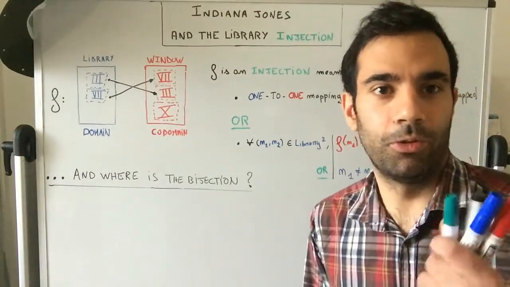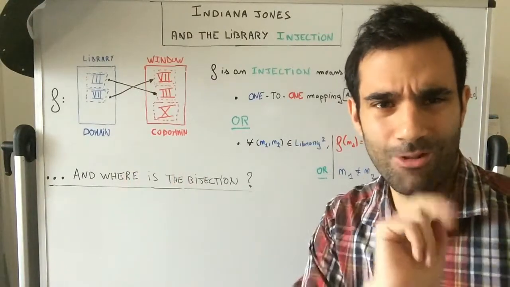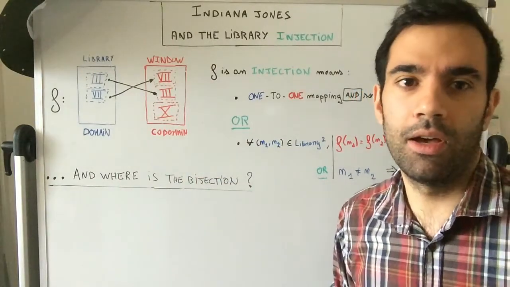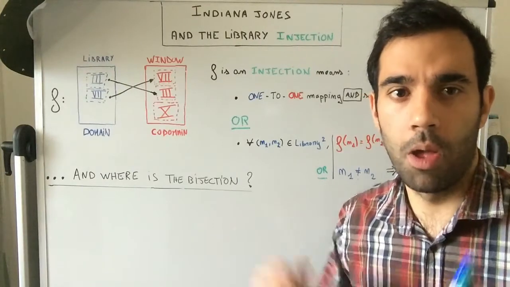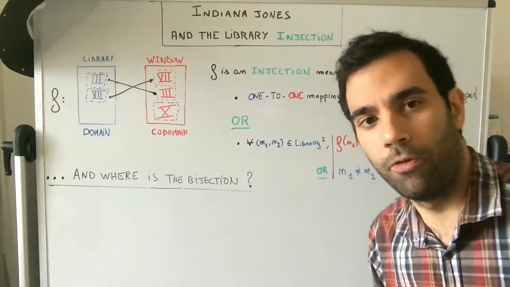Not very easy to understand for a human brain, because being equal in a domain and being equal in a codomain is difficult, because we like to think in terms of being different. It's easier for people.